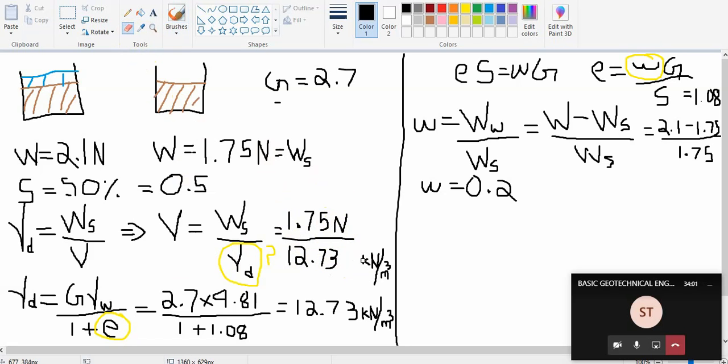You will get the wrong answer. So you have to convert this kilonewton into Newton per meter cube. So I will multiply by 10 raised to 3, that is 1000.